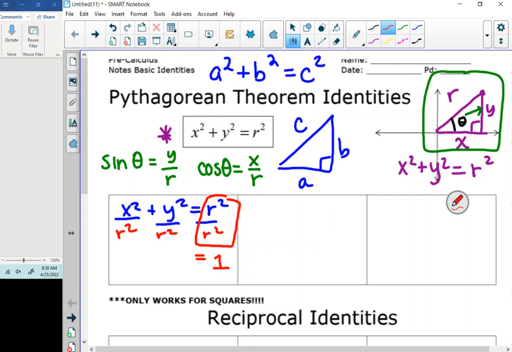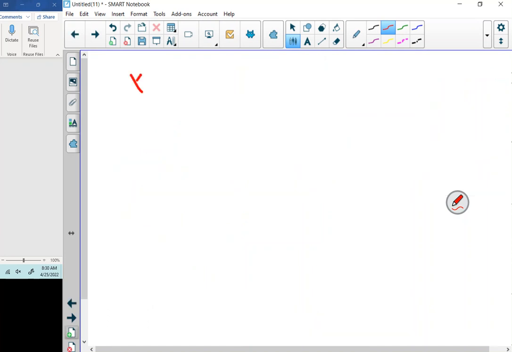And if I want to trig this a little bit, an x squared over an r squared is like having an x over an r and having the whole thing squared.